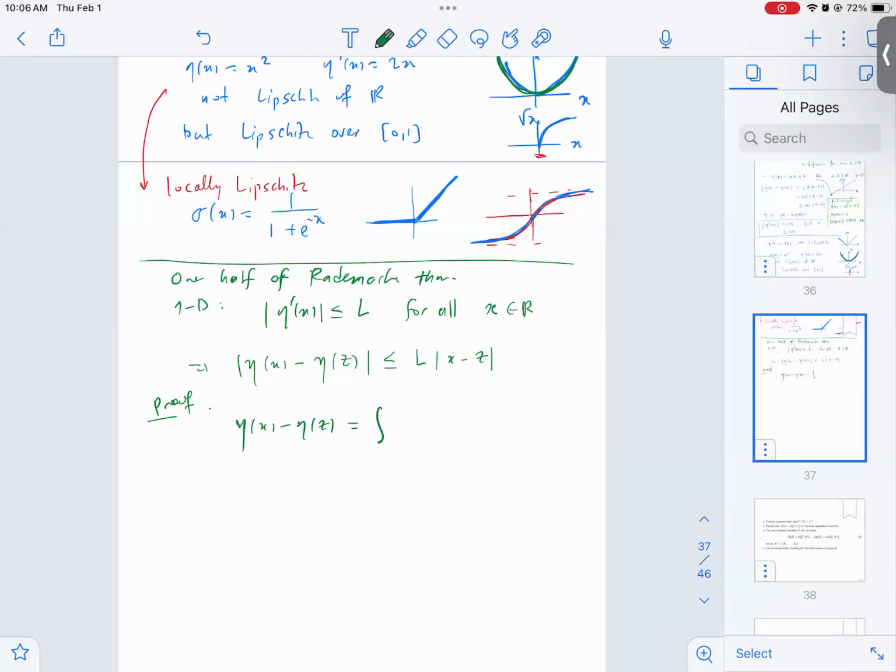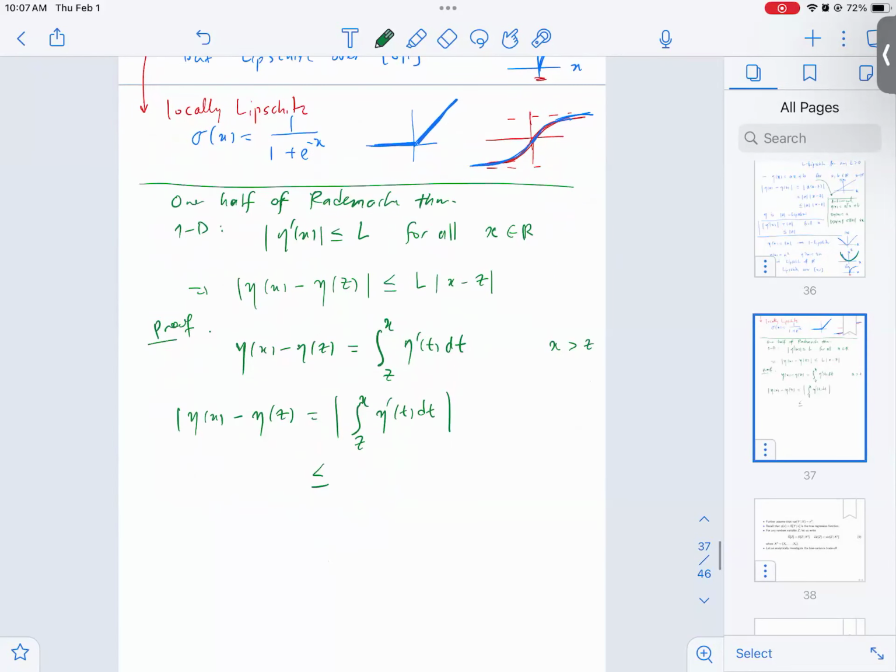Integral. So let's say x is bigger than z. The integral from z to x of eta prime of t dt. Fundamental theorem of calculus. Okay. So then the absolute value would be the absolute value of this integral, and I can put the absolute value inside like an inequality. This is called the triangle inequality: the absolute value of the sum is less than the sum of the absolute values.